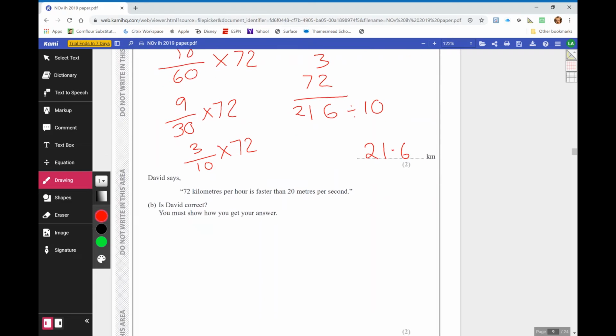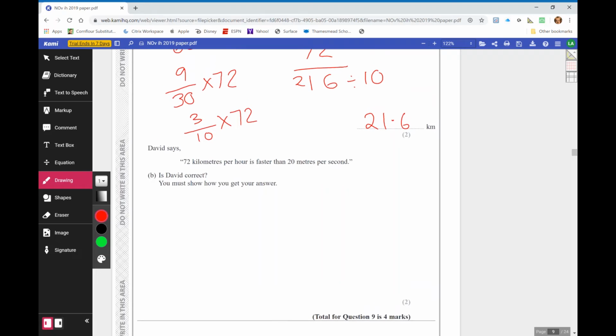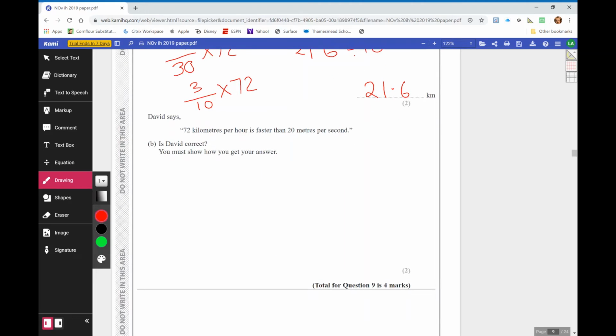Okay, David says 72 kilometres per hour is faster than 20 metres per second. So what should we do first? So 20 metres per second is this, and 72 kilometres per hour. We can kind of do this either way around really. So 72 kilometres, how many metres would you go?